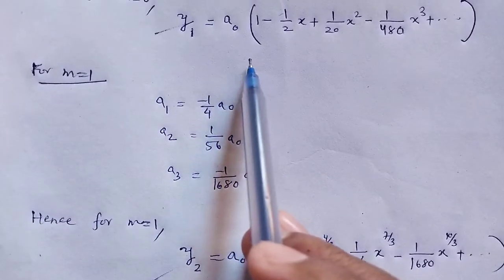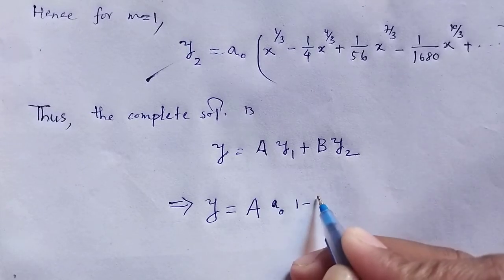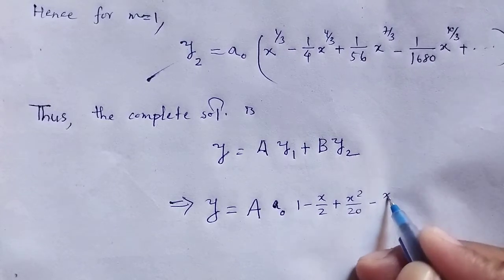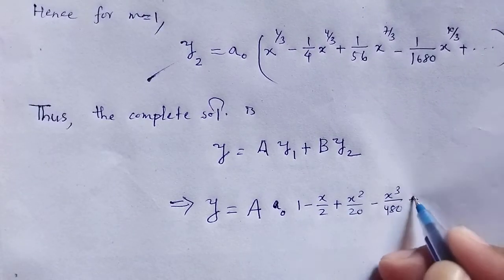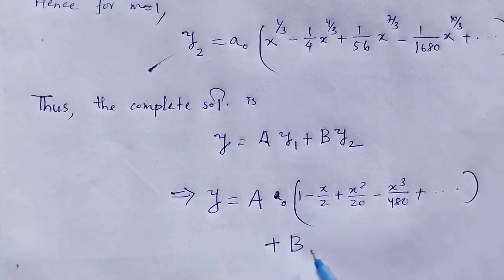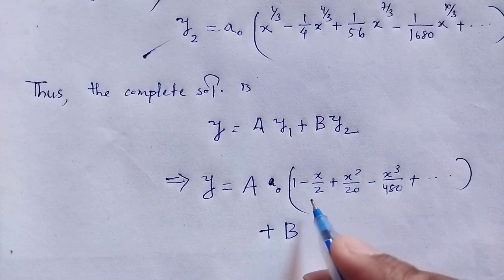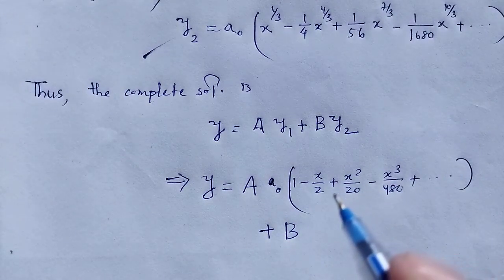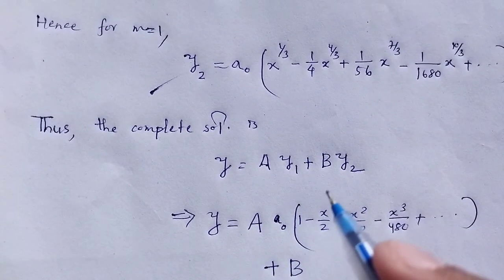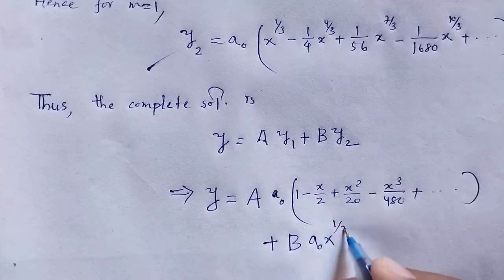The values are here, that is a naught times 1 minus x by 2 plus x square by 20 minus x cube by 480 plus dot dot dot, plus b, that is constant, in place of y2, that is a naught x to the power 1 by 3.